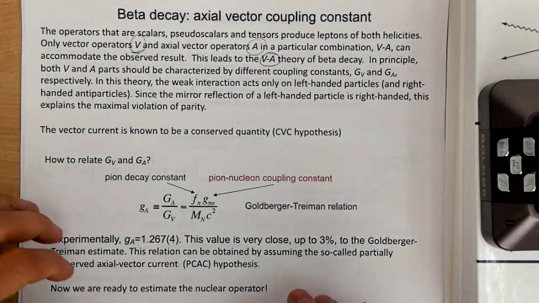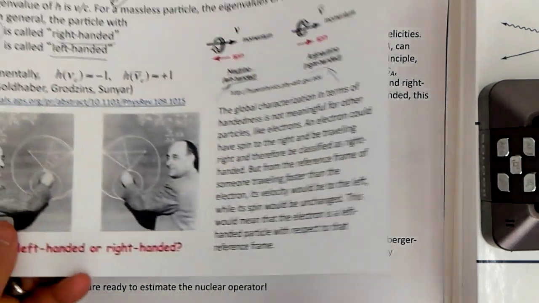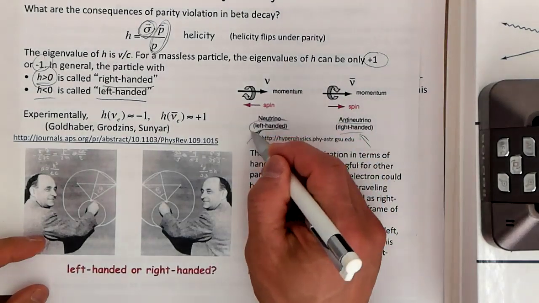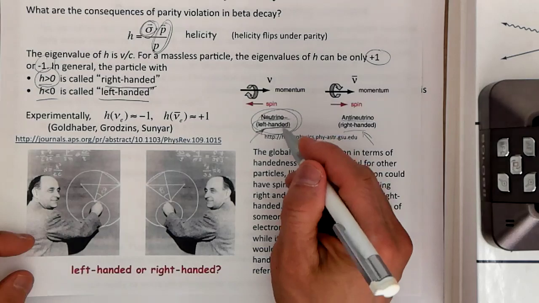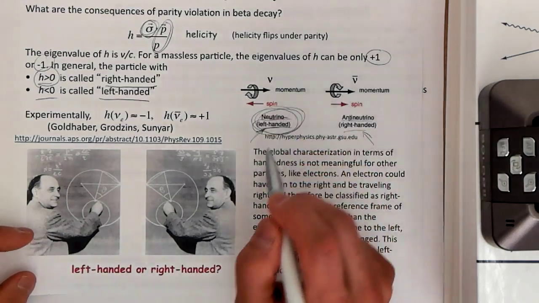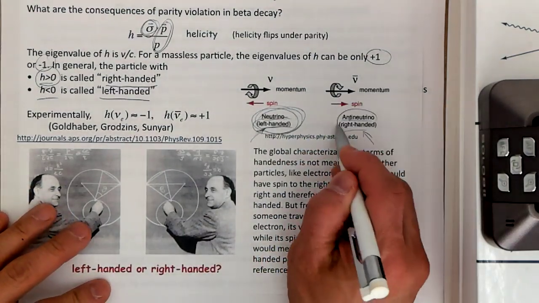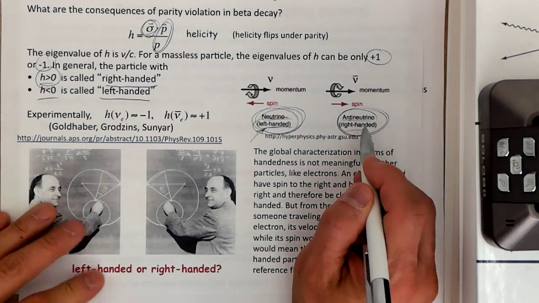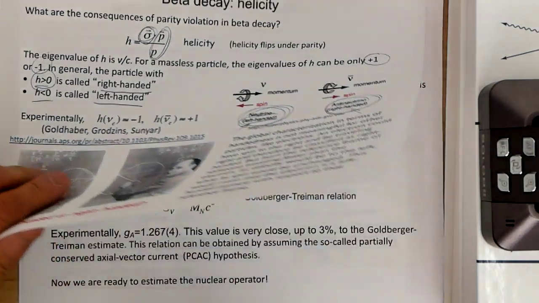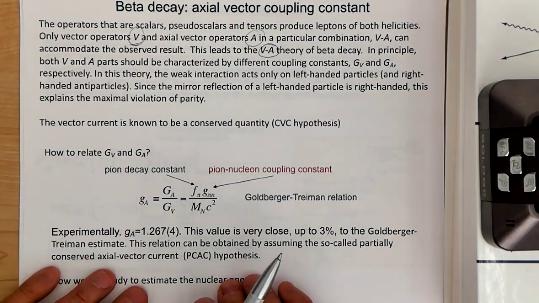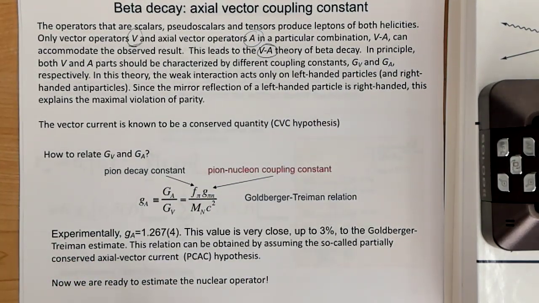And what that ends up doing is it makes the left-handed particles the only ones that are interacting through the weak interactions, and also the right-handed antiparticles are the only ones that are interacting through the weak interactions. So it's sort of what's called a maximal violation of parity.